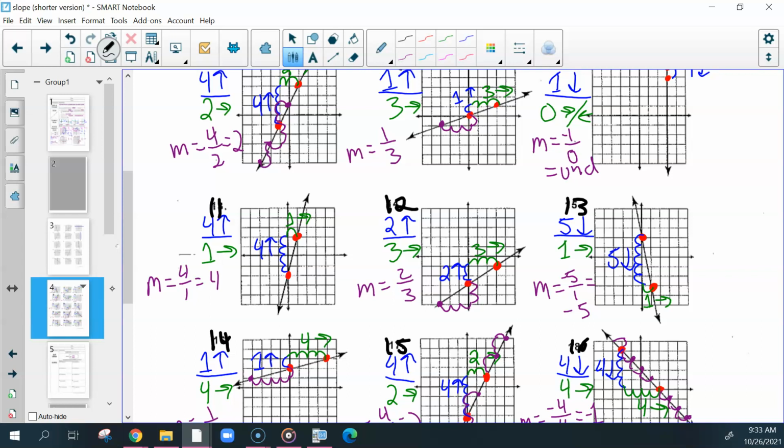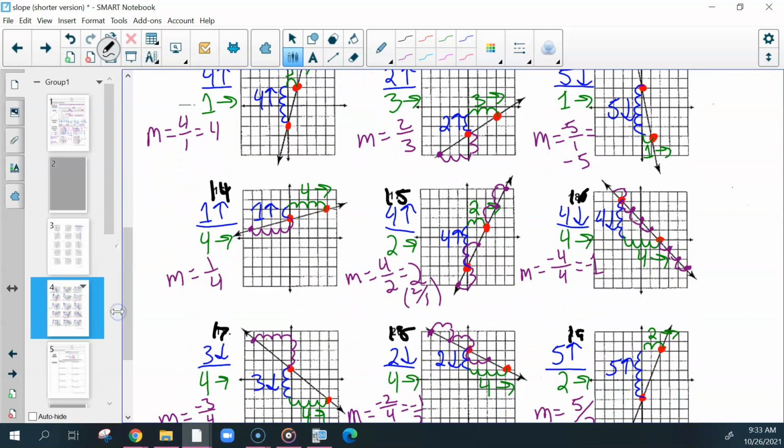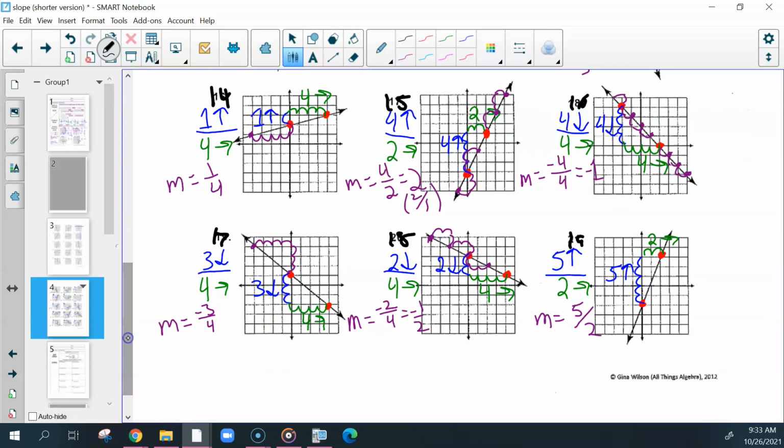Leave your slope as a fraction. 13 was -5. 14 was 1/4. 15 was +2. 16 was -1. 17 was -3/4. 18 was -1/2. And 19 was 5/2.